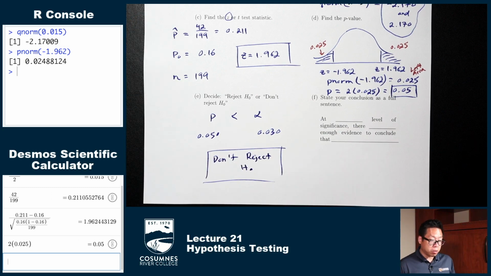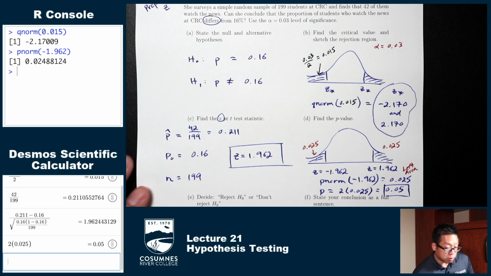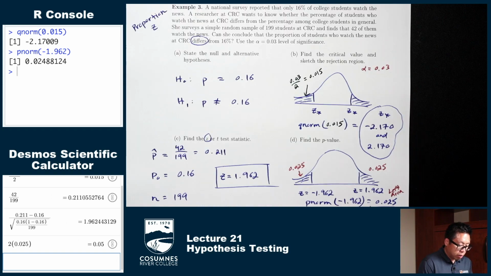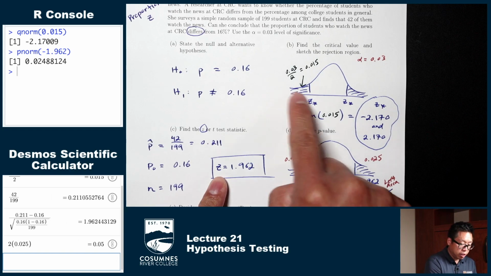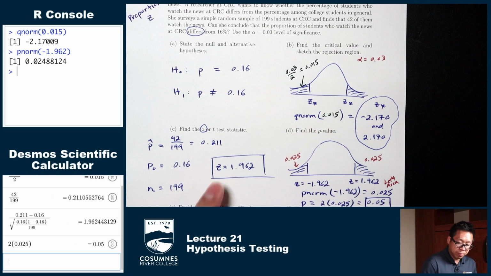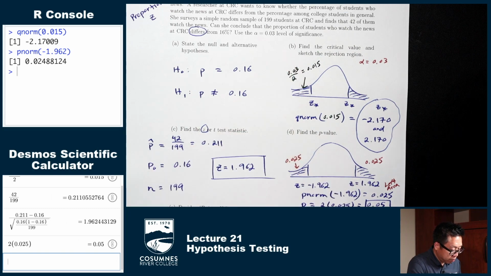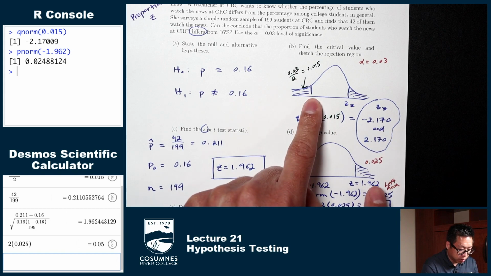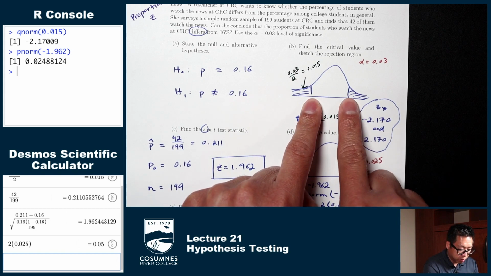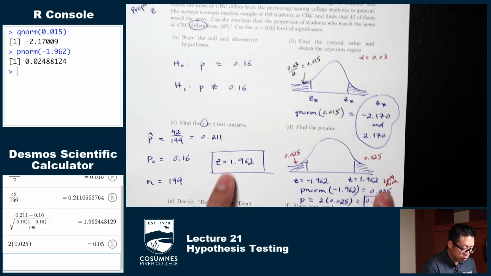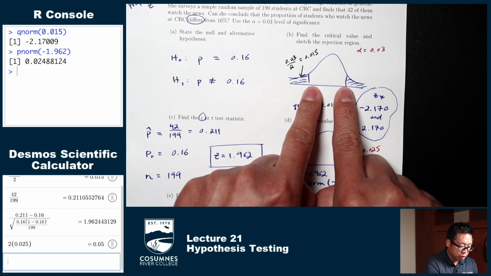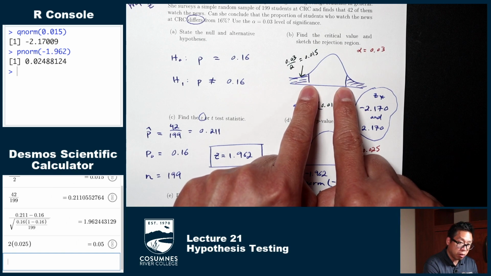Okay, just to double check my answer, let's go and do the critical value approach. So that was the p-value approach. Critical value approach, the question is, is this test statistic in the shaded region or is it in the unshaded region? So from part B, we know that the boundaries here are negative 2.170 and 2.170. So where is 1.962? Is it in the shaded part or is it in the unshaded part?